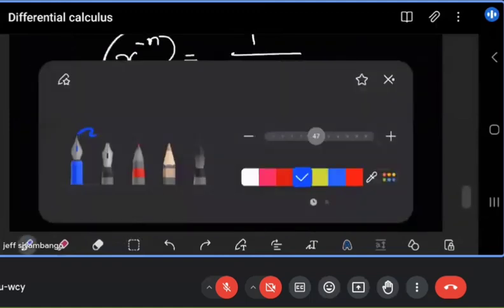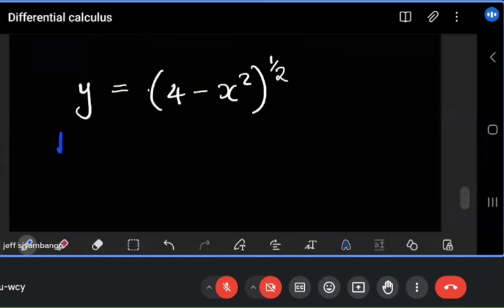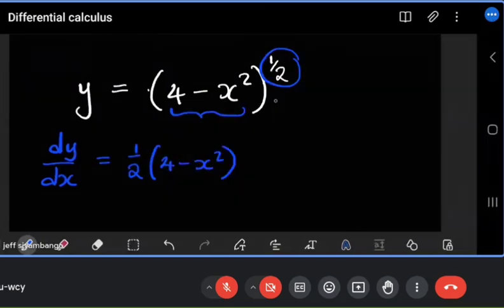So what was happening there is we had this. So how do we differentiate? First, multiply the power down. Keep what is here the way it is. Then the power reduces by 1. Then multiply the whole thing.